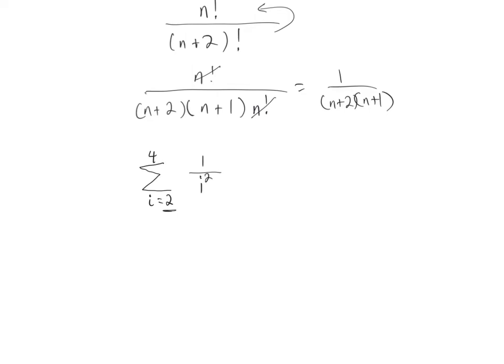So this is the same thing as saying 1 over 2 squared. So that's 1 over 2 squared plus, because summation is you're adding them all together, 1 over 3 squared plus, and you stop at 4, so 1 over 4 squared, which gives us 1/4 plus 1/9 plus 1/16.